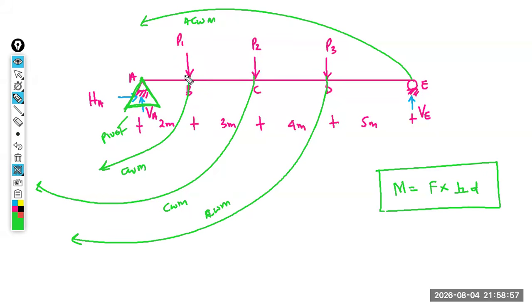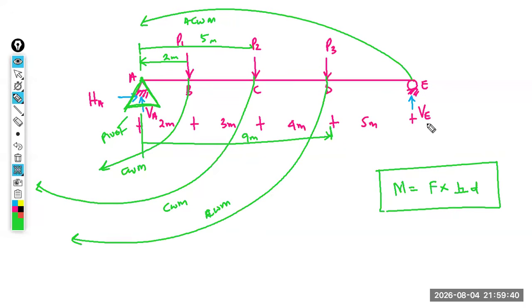Okay, so if I take the P1 force, though I know it's clockwise moment, the distance will be from here to the pivot. Is that okay? That will be 2 meters. Now, if I go to the P2, relative to my pivot at A, the distance will be from here all the way to P2. So I add 2 plus 3, and this will be 5 meters. If I look at the P3, then it's from here all the way toward point D. And if I add everything together, I get 9 meters.